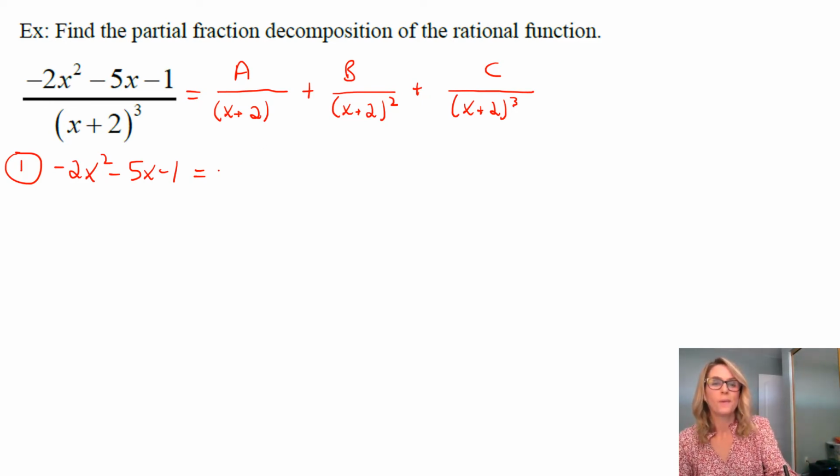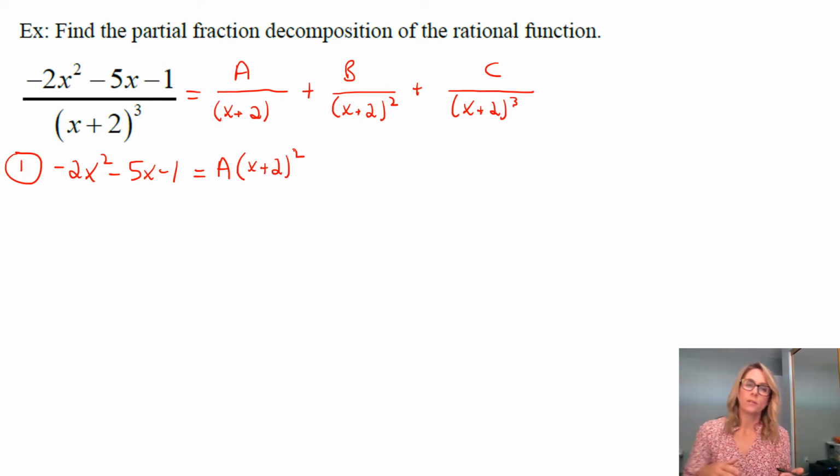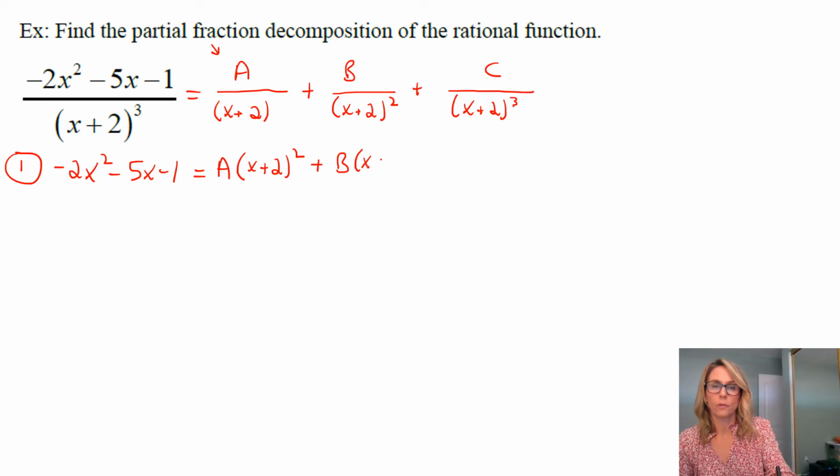But on the right-hand side, notice we'll have A times x plus 2 squared. That's because if I multiply both sides by x plus 2 cubed, only one of them simplifies in this first fraction. In the second fraction, I will have 2 of them that simplify, which leaves me with 1 of them. And in the third one, all 3 of them simplify, and we just have this.